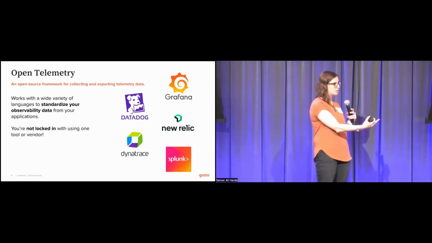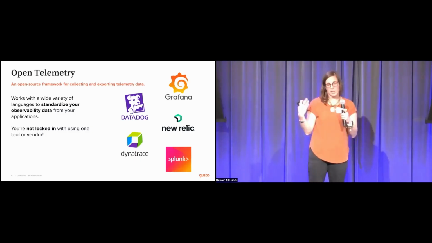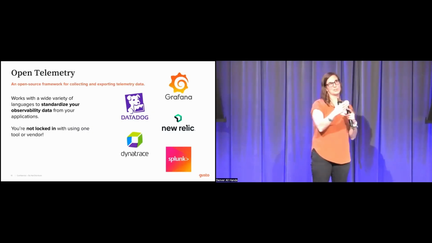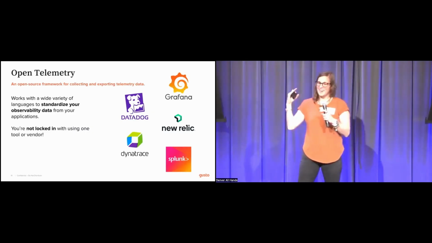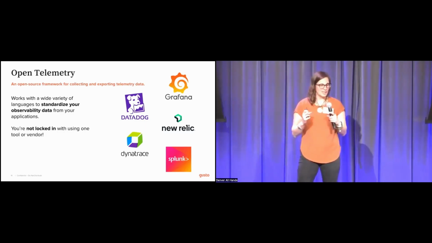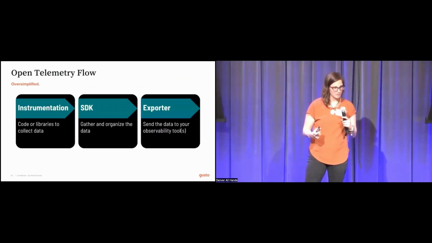It then sends it to your observability tool of choice. In our case, we use Azure Application Insights and an Azure Managed Grafana instance, I have to say that. But you can also use any of these that I have on the screen. The benefit is that you're not locked into using one tool or vendor. That's the benefit of open source.